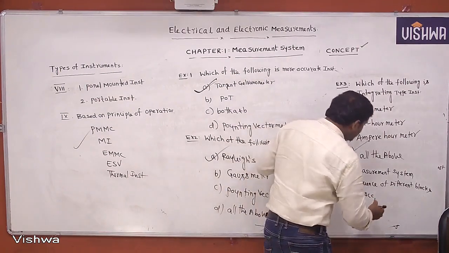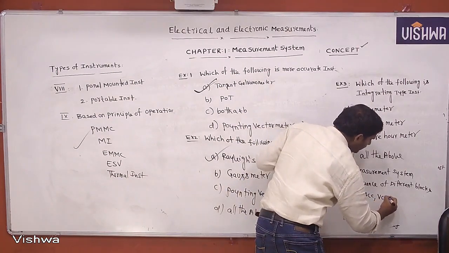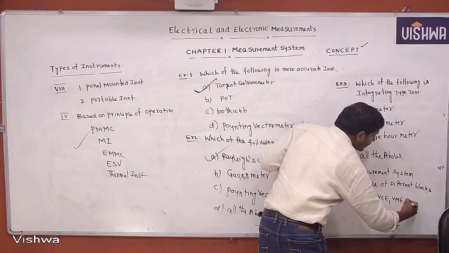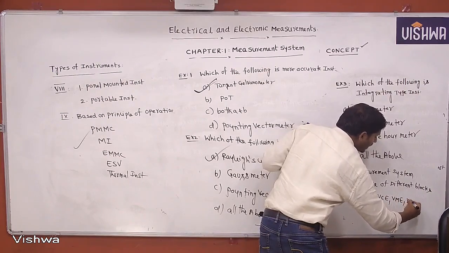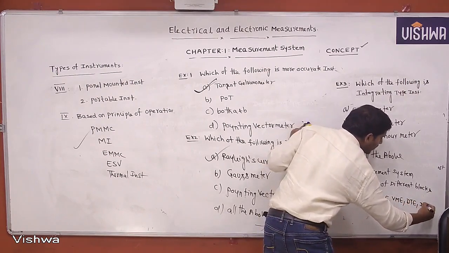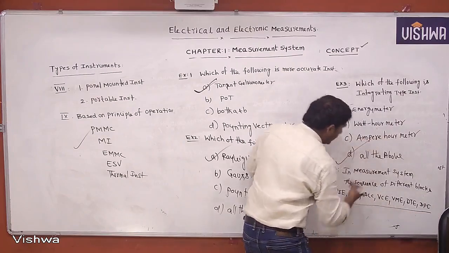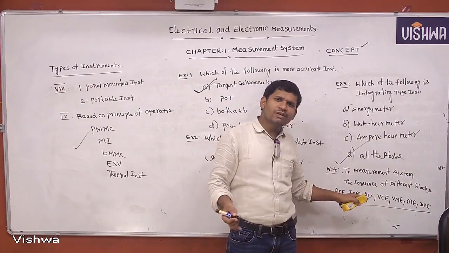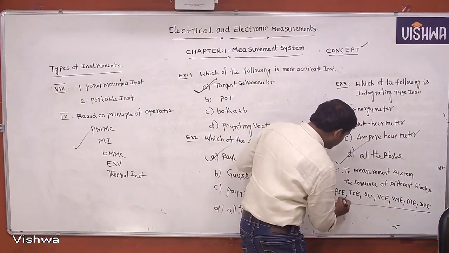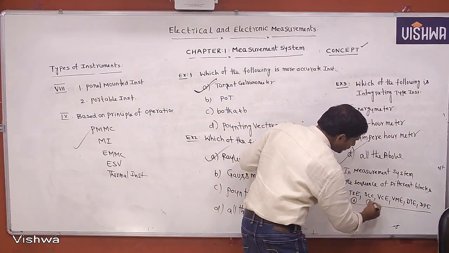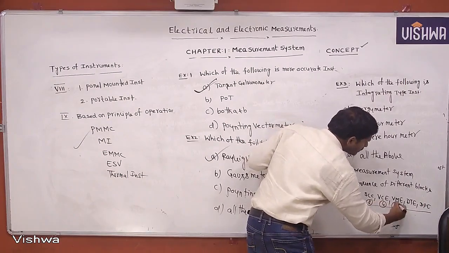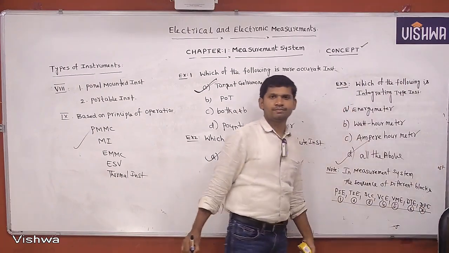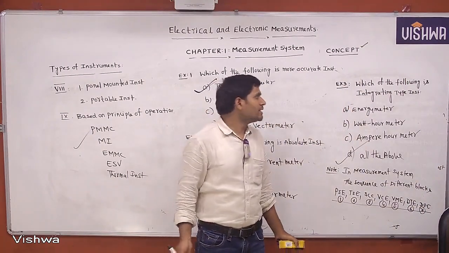Then variable conversion element, variable manipulation element, then data transmission element, data presentation element. These are the sequence. This is first, second, third, fourth, fifth, sixth, seventh. This is the sequence in the case of a measurement system.